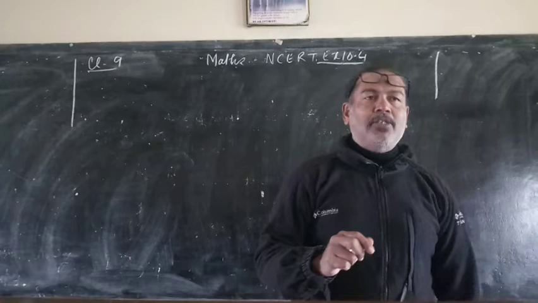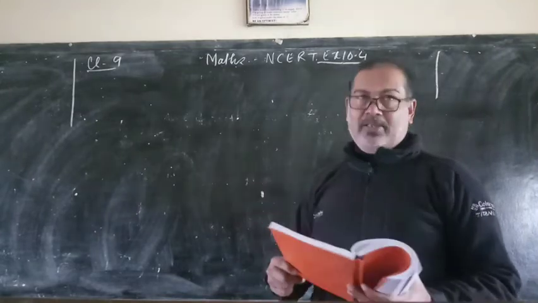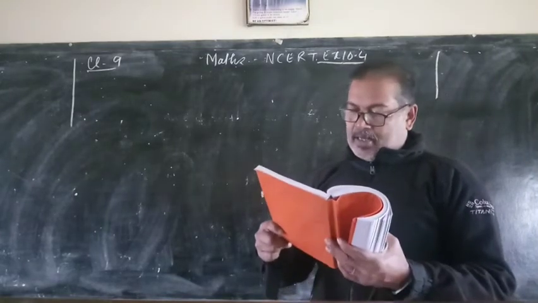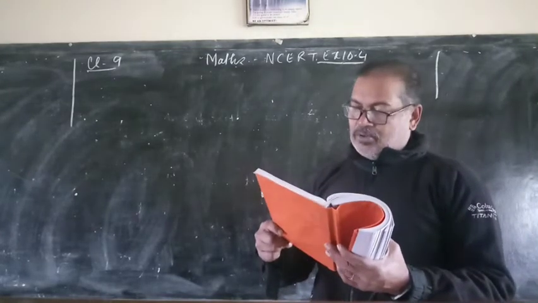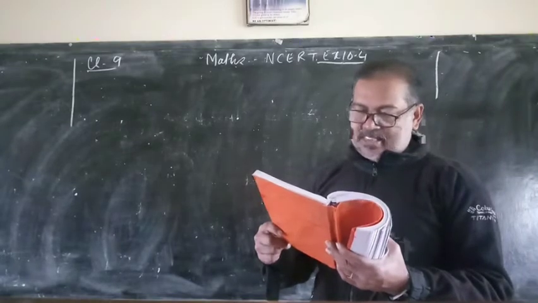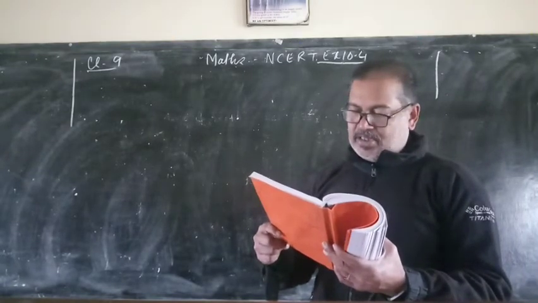exercise 10.4 of the NCERT book. In this question, it is mentioned: a circular park of radius 20 meter is situated in a colony. 3 boys, Ankur, Sayyad and David, are sitting at equal distances on the boundary, each having a toy telephone in his hands to talk to each other.